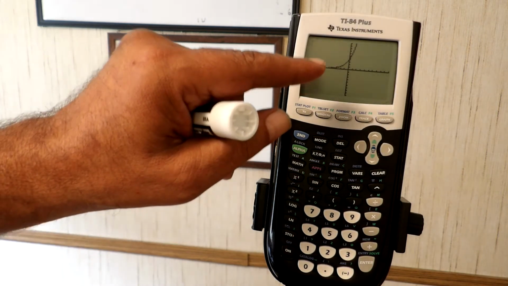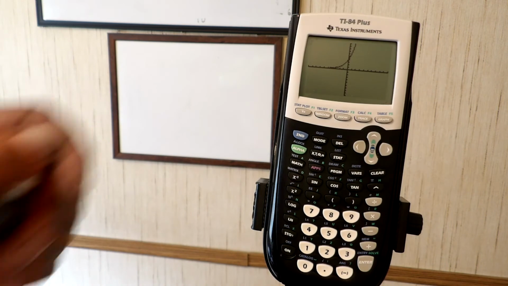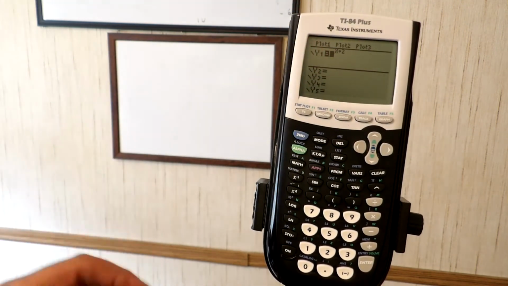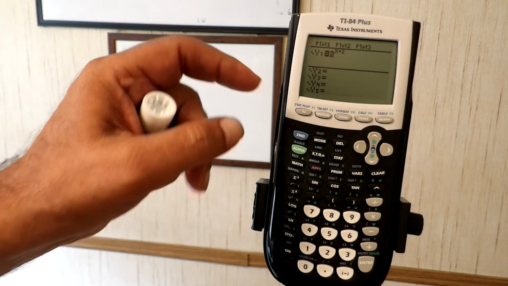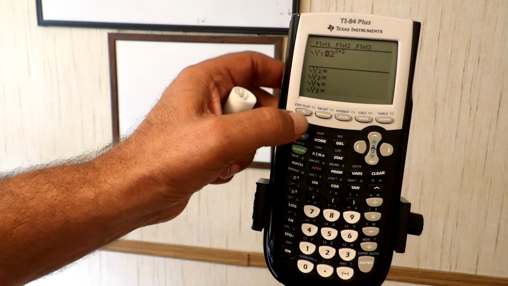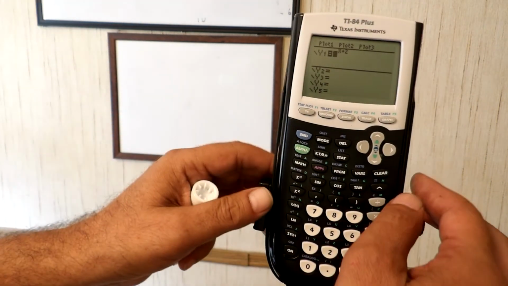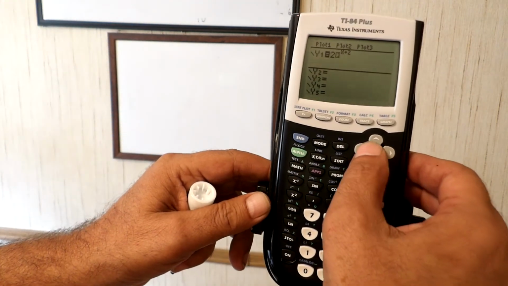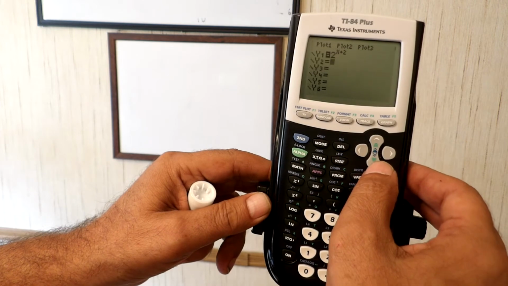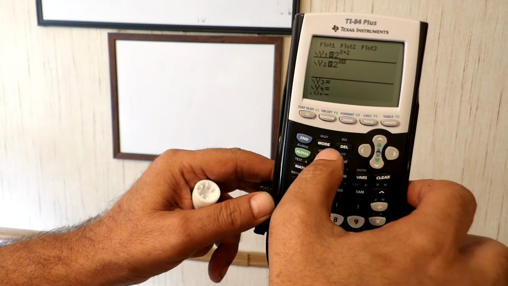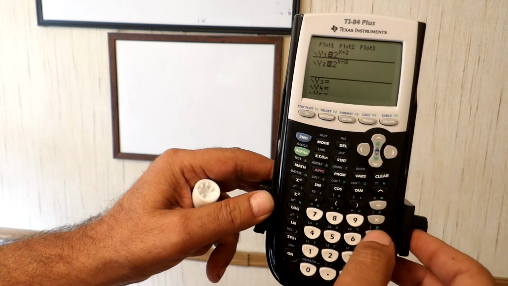See, actually what happened is, 2 to the power of x plus 2. And sometimes, okay, let's write another one, 2 to the power of x minus 2.